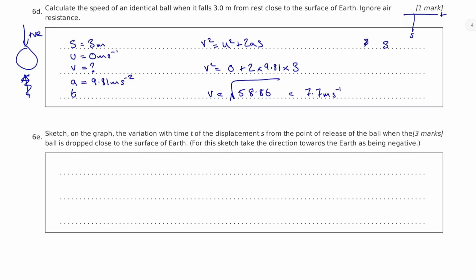We know that at 3 metres, it's going to have a velocity of 7.7 metres per second, but actually we want to know where it is at that time. So let's just do a quick sum to find out how long that takes. So at 0.78 seconds, it has a displacement of 3 metres.